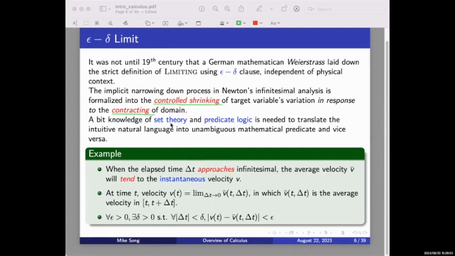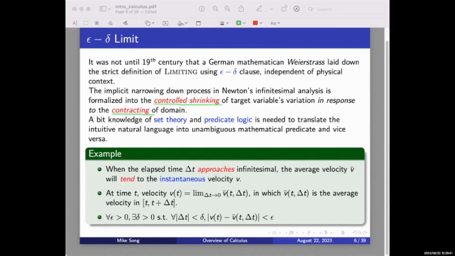A bit of knowledge of set theory and predicate logic is needed to translate the intuitive natural language into an unambiguous mathematical predicate, and vice versa.